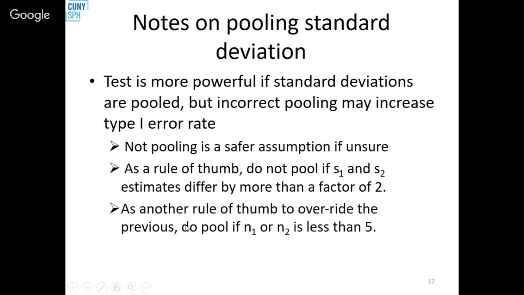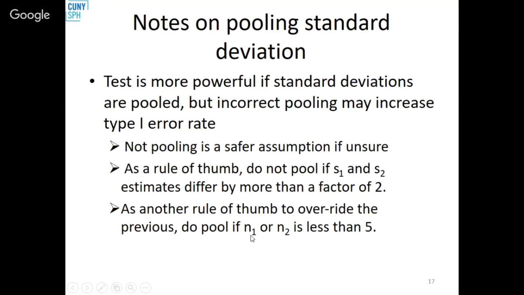But as another rule of thumb, you probably should pool if you have one very small group. So if N1 is 4, so you have one group of 4 and then another group of 20, you don't really have enough observations in one of your groups to accurately estimate the standard deviation.